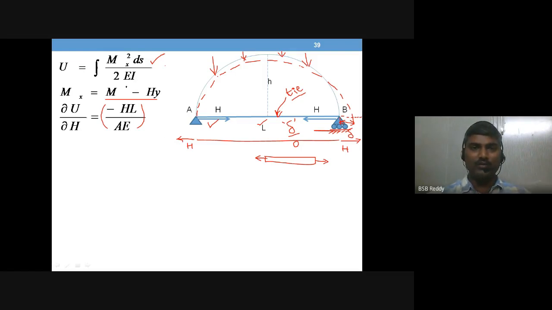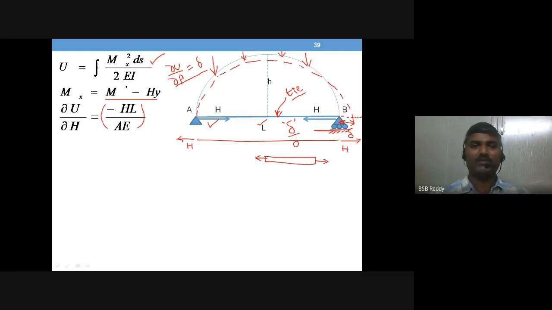So now Castigliano's theorem, dou U by dou P equal to delta, is appearing here. This is what we have studied when you talk about Castigliano's theorems. So dou U by dou P equal to delta means that if the strain energy in any member is partially differentiated with the load, you get the deformation in that direction.